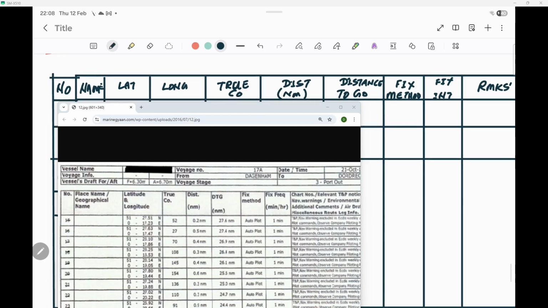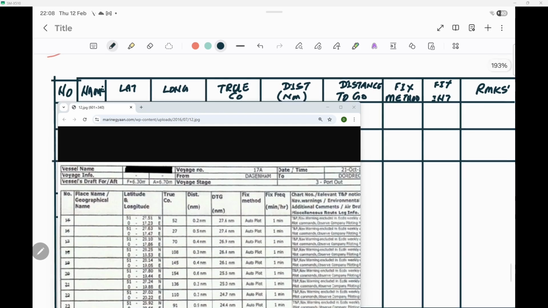Let's say 2 to 3 is equal 067. Then the distance is 95 miles. Then 3 to 4 is, let's say, 135 degrees true. Then you are doing 25 nautical miles there.